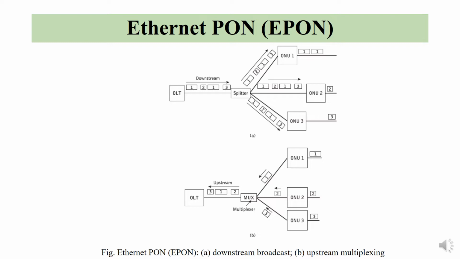Figure B shows an arrangement of upstream traffic in EPON, and it is managed by using a TDM approach. For specific transmissions, time slots are dedicated to each ONU.